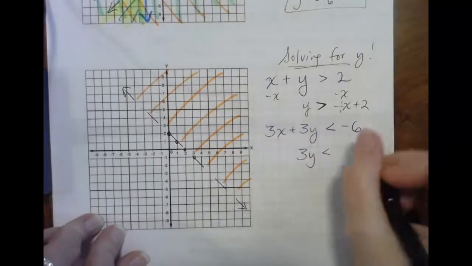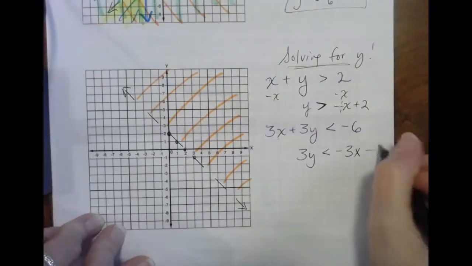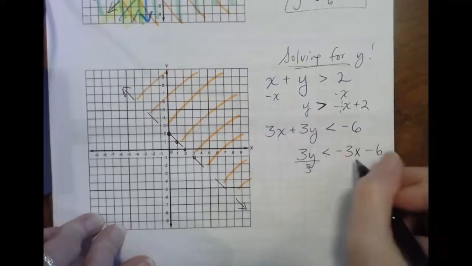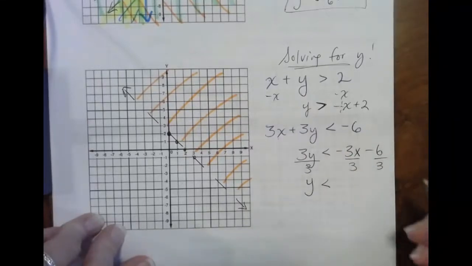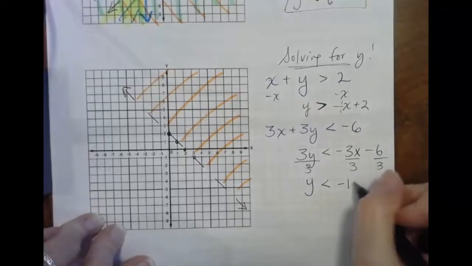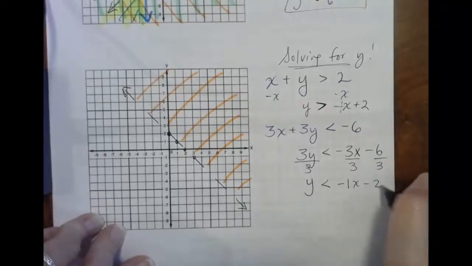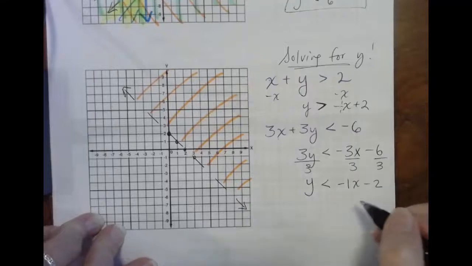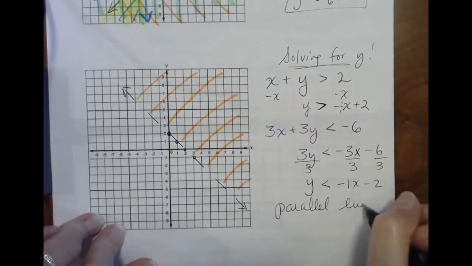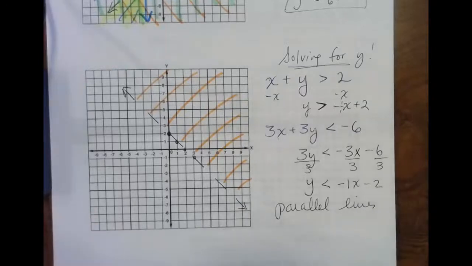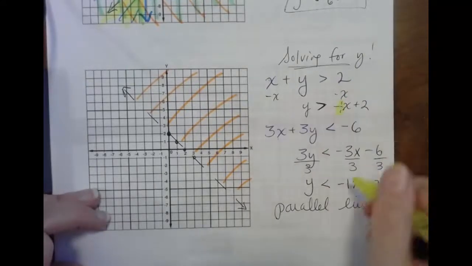3y is less than negative 3x minus 6. Divide by 3. Y is less than negative 1x minus 2. So we have parallel lines. We have parallel lines because we have, ladies and gentlemen, the same slope.